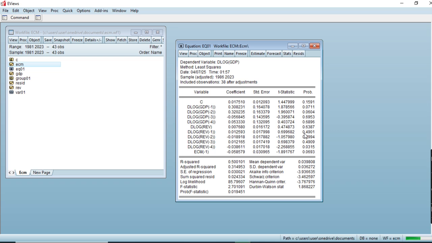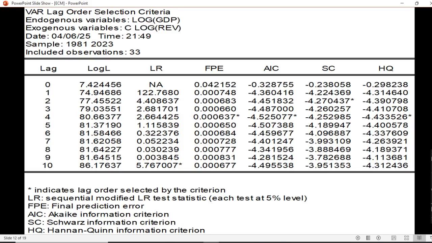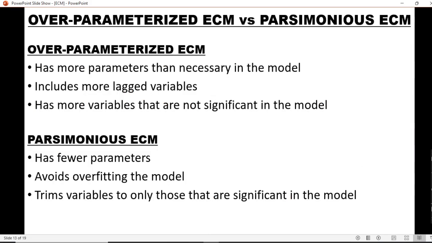We discover that 9 of the variables, which comprise the lags, are not significant at 5%. So this form of ECM is referred to as the over-parameterized ECM. What is an over-parameterized ECM? An over-parameterized ECM is an ECM that has more parameters than necessary in the model.